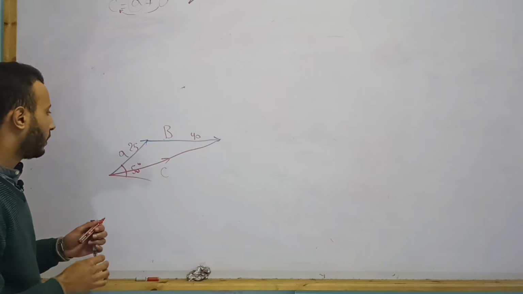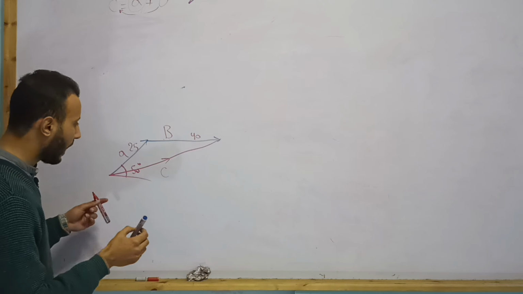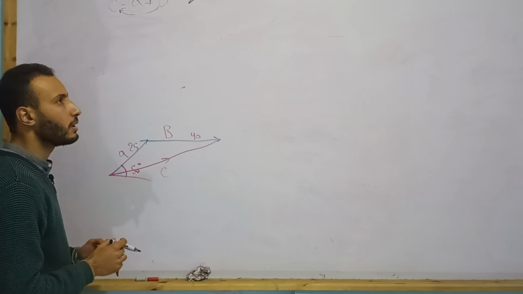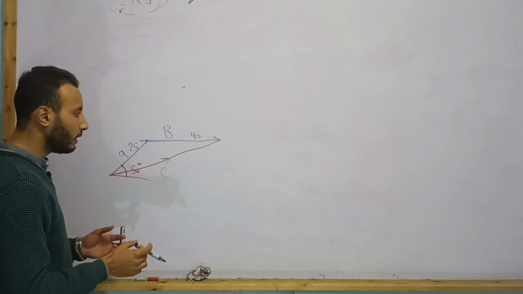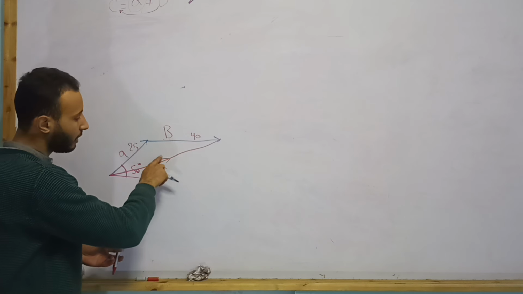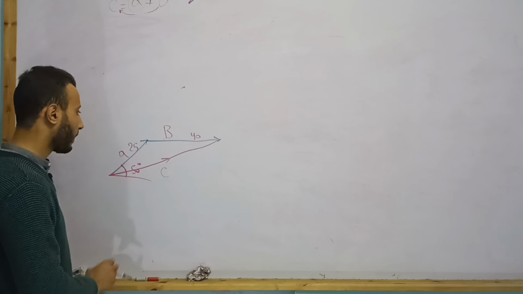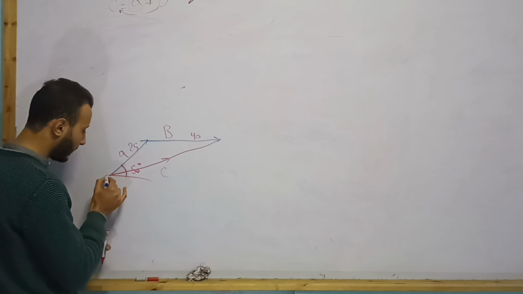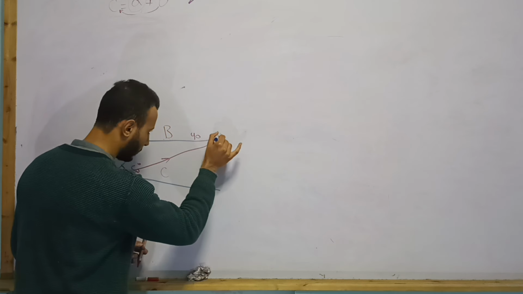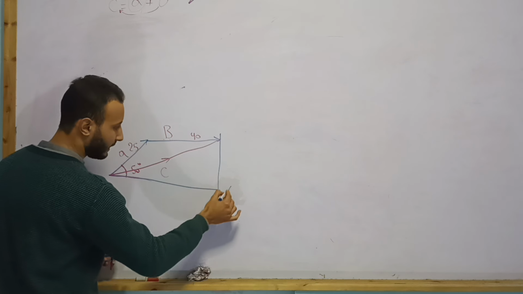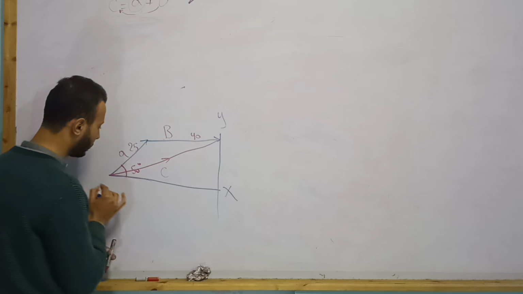Okay, how can you make a right angle to get this hypotenuse? To make a right angle, I'll make a vector like this, another vector like this. This is the x and this is the y.